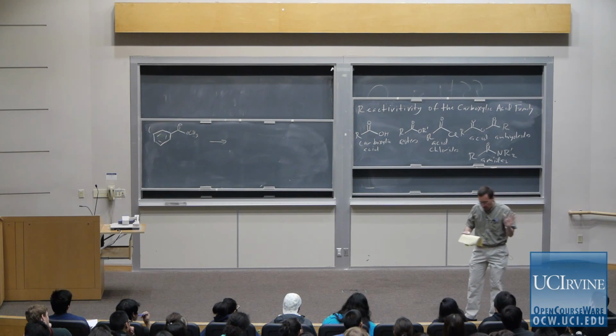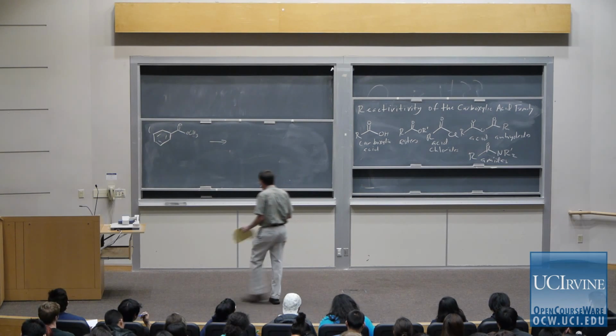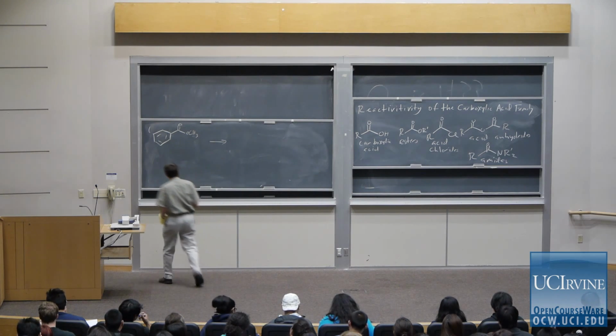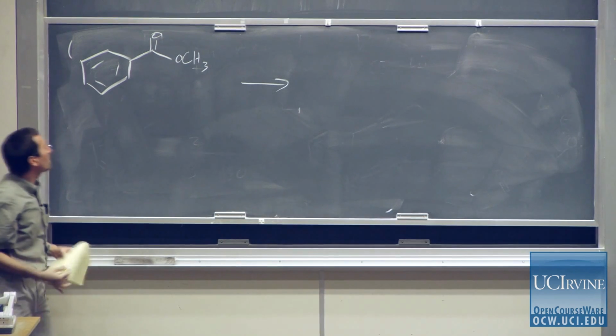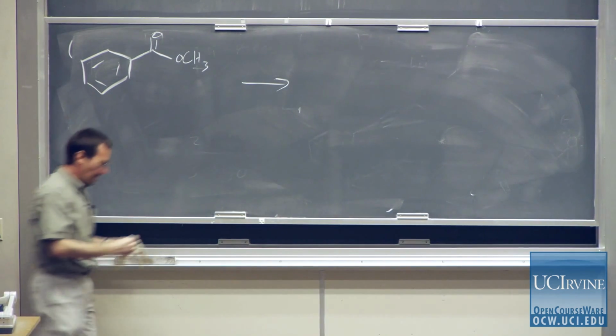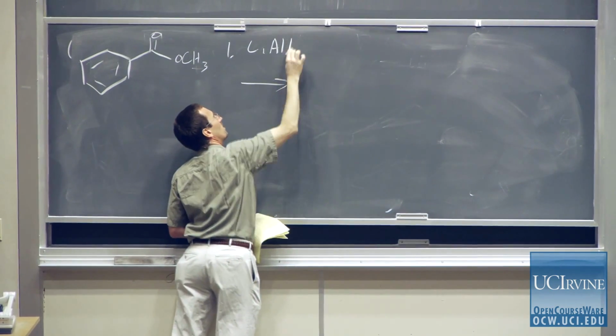Ditto for Grignard reagents with certain exceptions. So again, a very broad brush view from 30,000 feet, but we're going to take a specific reaction. We're going to take methyl benzoate here to exemplify our point.